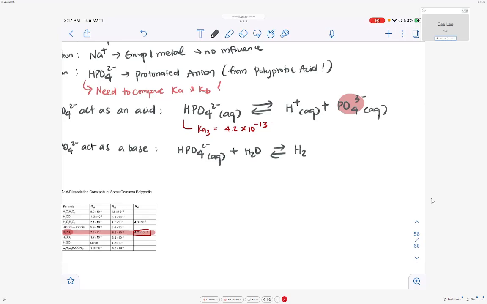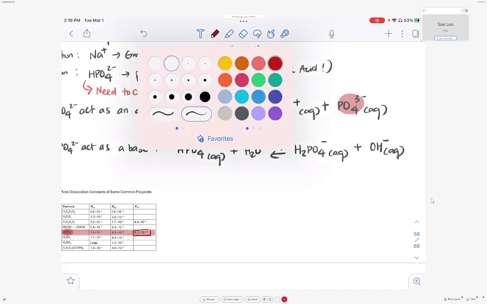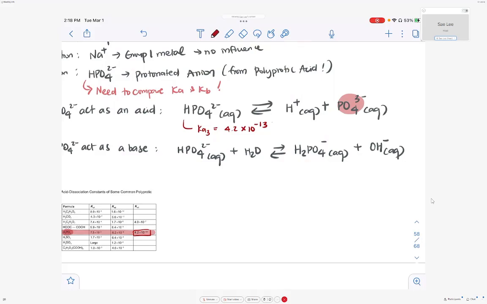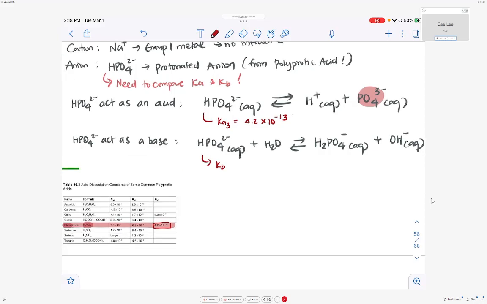It will steal the proton, and it will have H2PO4 minus now, and it has successfully increased the hydroxide concentration because this anion stole the hydrogen of the water. Okay, so because this is a reaction from the base point of view, we want to find Kb. However, we don't know Kb, but we can find Kb using Ka information. Remember, the Kb is basically Kw divided by Ka.